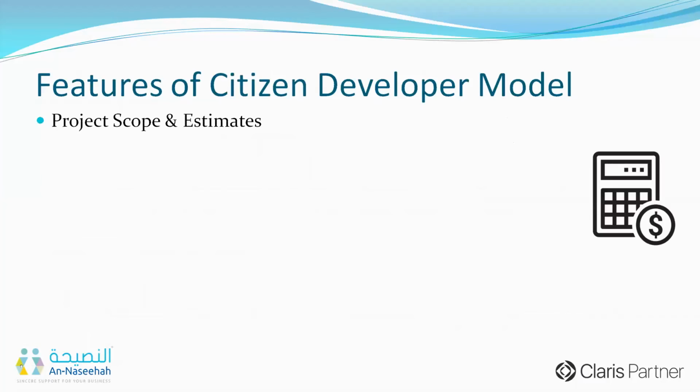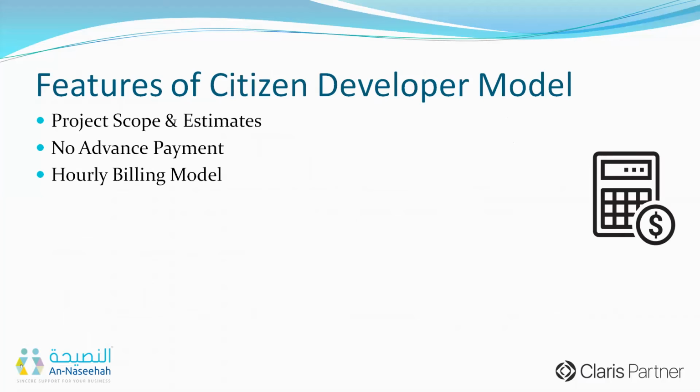Features of our citizen developer model. Without finalizing the project scope and estimates, we don't initiate the development. It's only when we agree and get a sign-off from the client that we start. There's no advance payment. Everything is based on trust, and we have an hourly billing model.